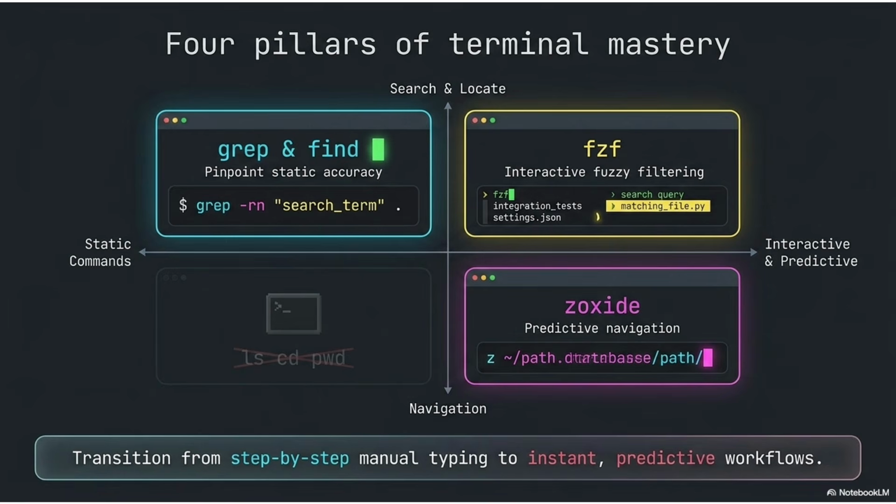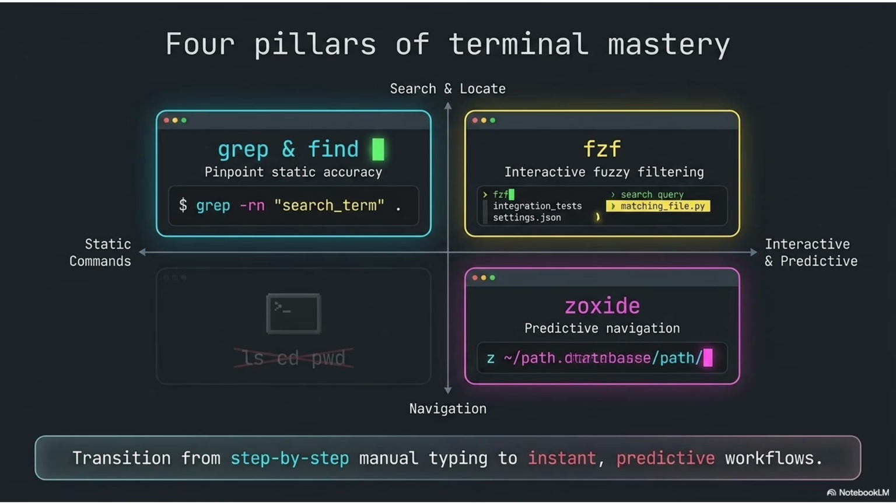They execute a specific query and return the results. fzf lives in the interactive search and locate quadrant. It filters results in real time as you type. zoxide lives in the predictive navigation quadrant. It learns your habits and teleports you to frequently visited directories.